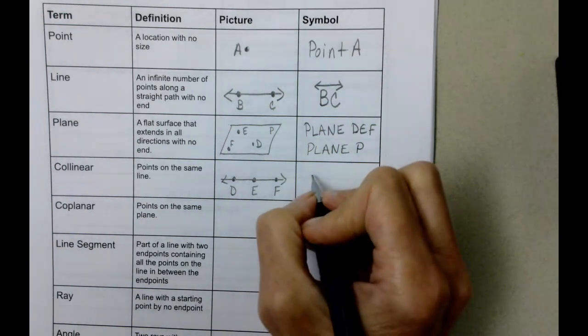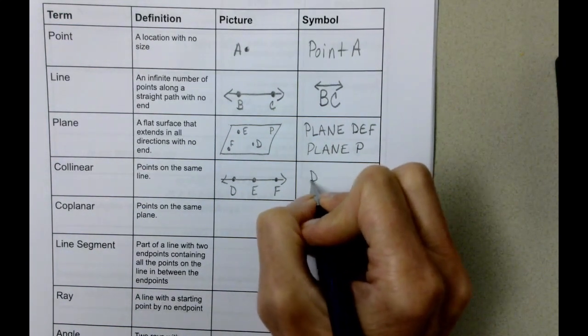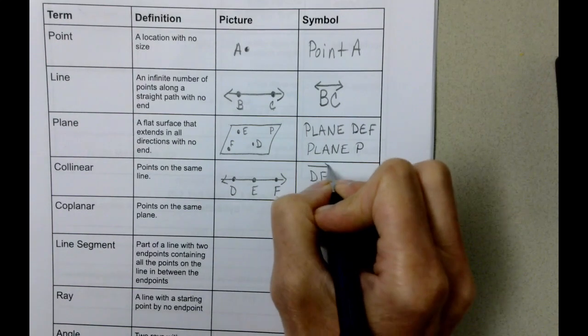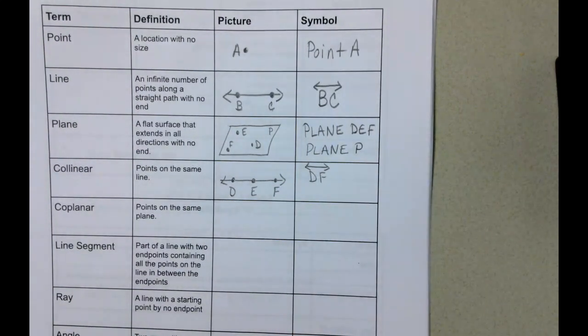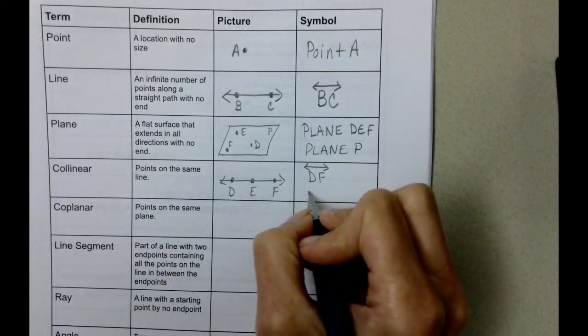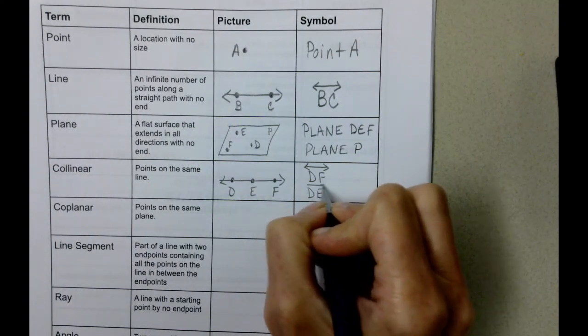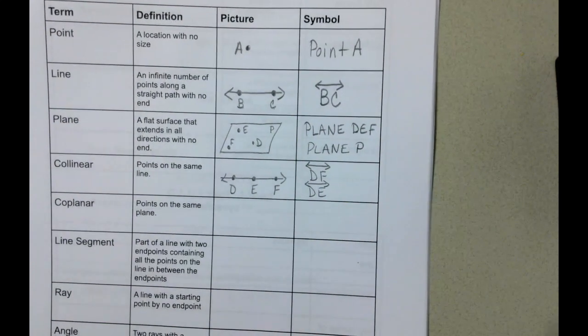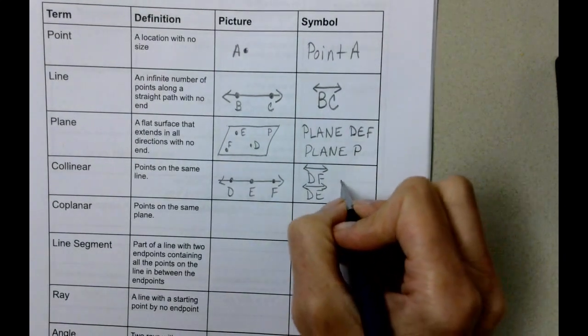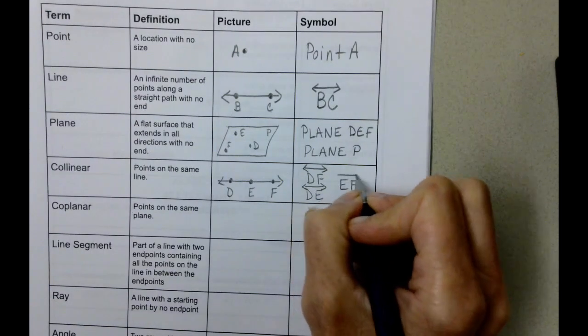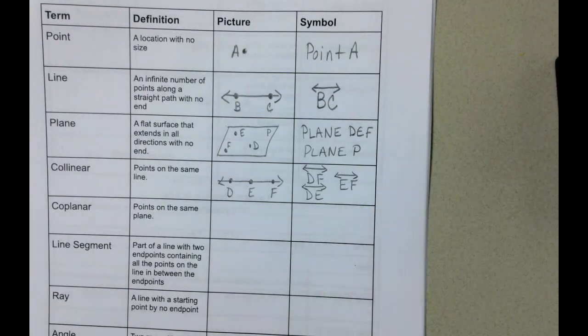We can say that this is line DF with our line with arrows above it. We could say that this line is line DE, again with the line with the arrows on it, or we could call this line EF. We only have to pick one. So again, no particular symbol that I am aware of for collinear, but we can identify that line.